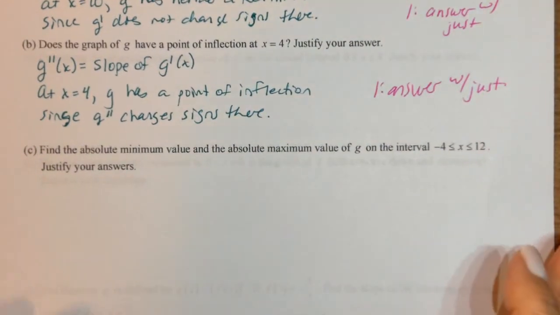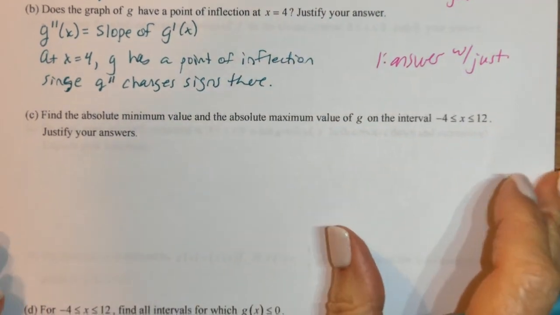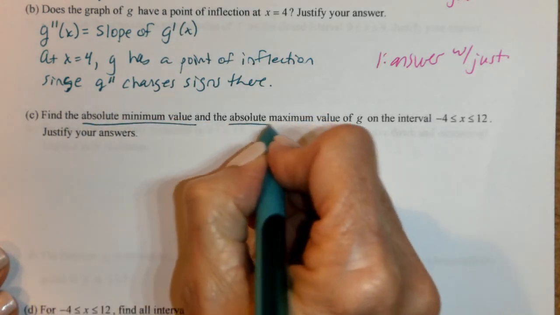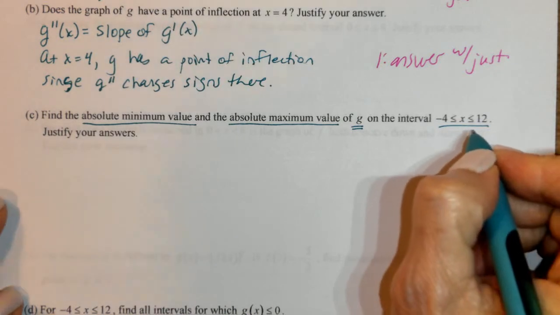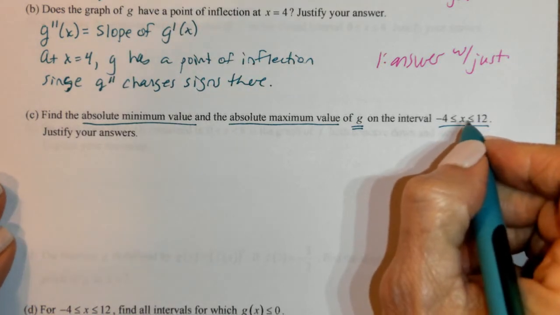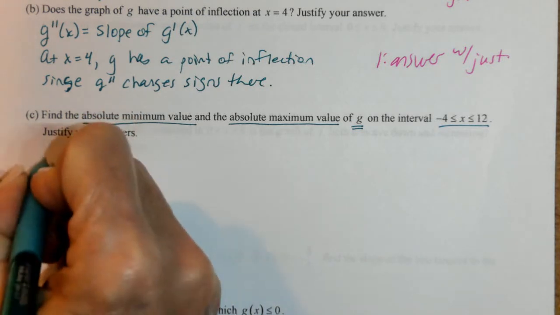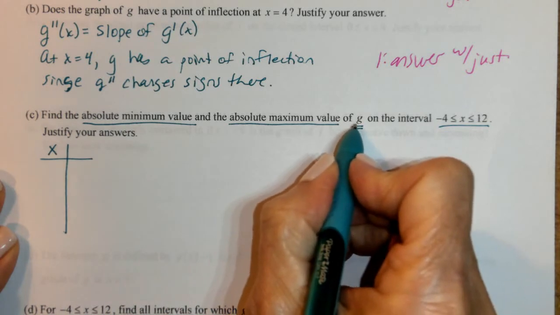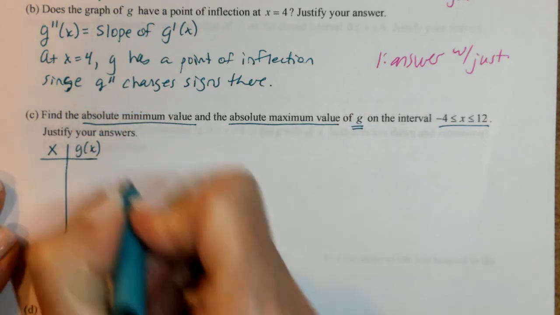Part C. We must be getting some bigger point parts soon. Find the absolute minimum value and the absolute maximum value of g on this interval. When I see absolute min or max, I think closed interval test. So I'm making a closed interval test. My independent variable is x. I'm finding the absolute min and max of g, so that goes over here.